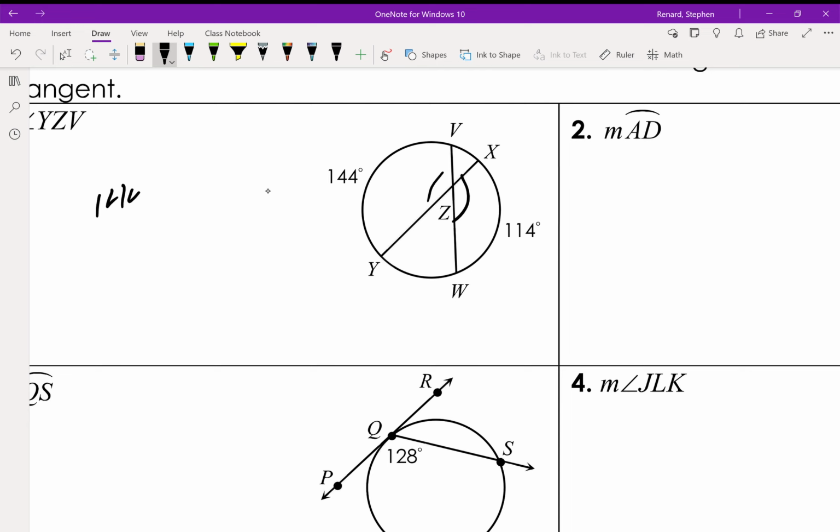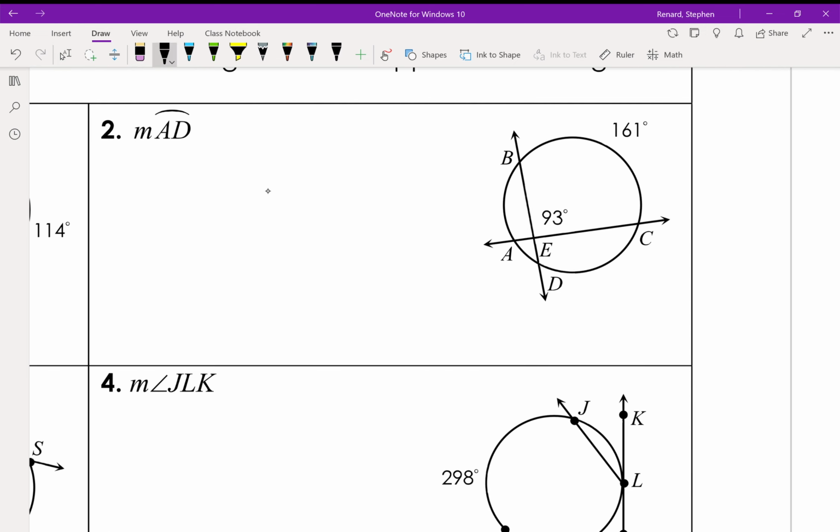So we go 144 plus 114 divided by 2. That's 258 divided by 2, or 129. So each of these angles is 129 degrees. So this angle right here is going to be 180 minus 129, or 51 degrees. And that'd be our answer.